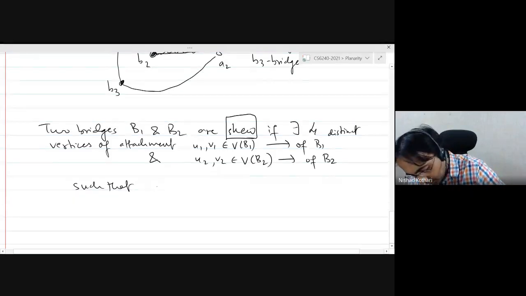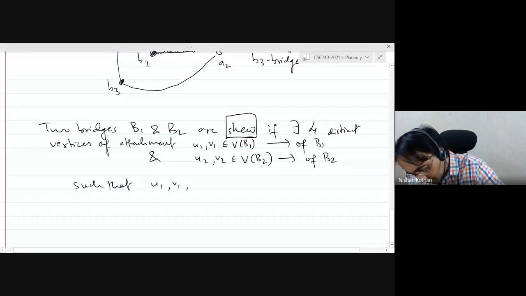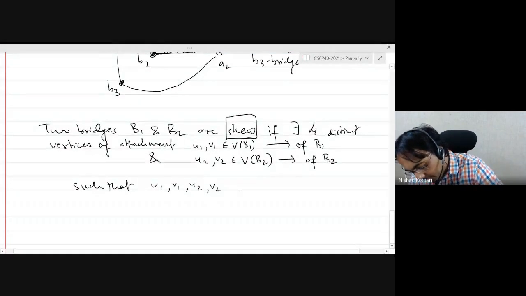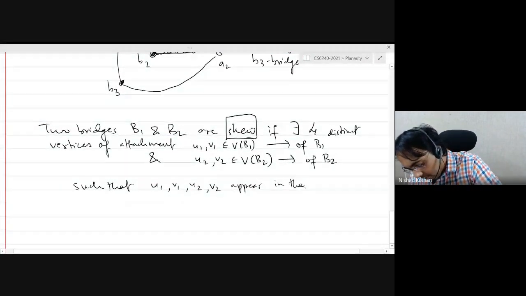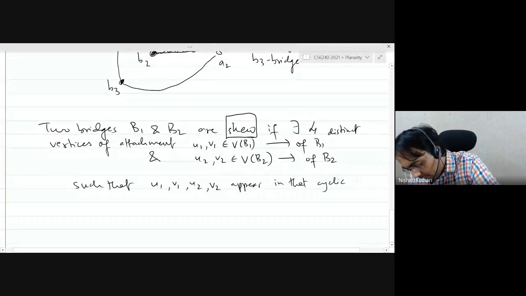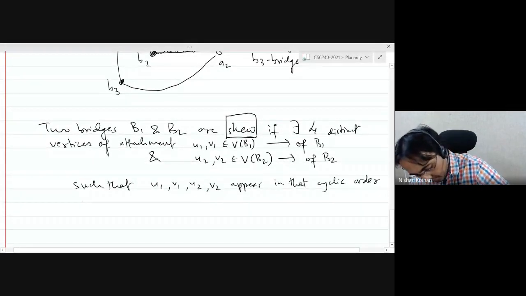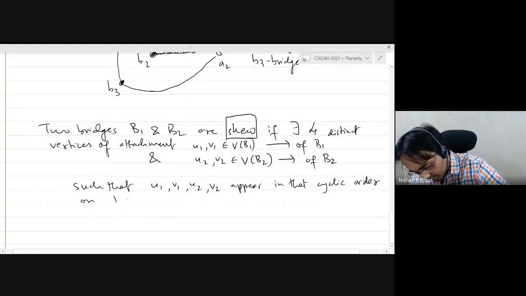Such that U1, U2, V1, V2 appear in that cyclic order on the cycle C.